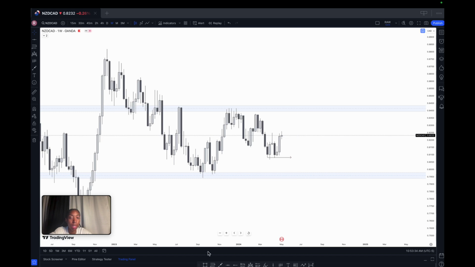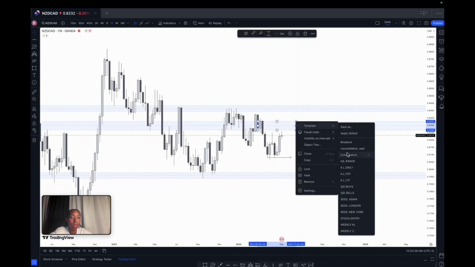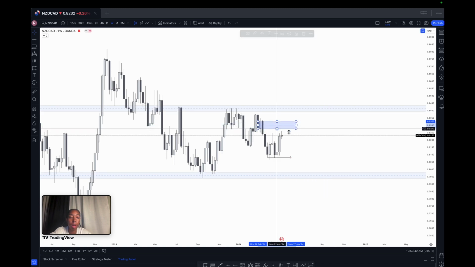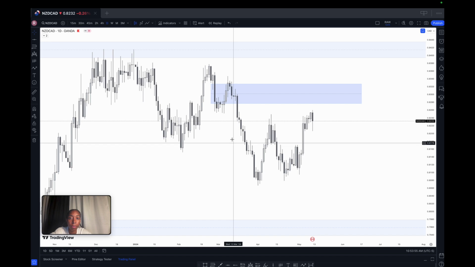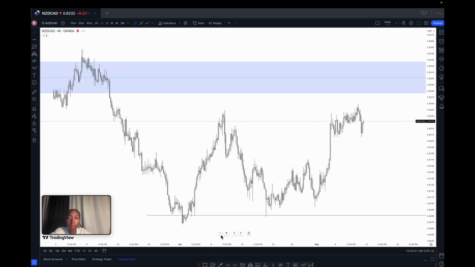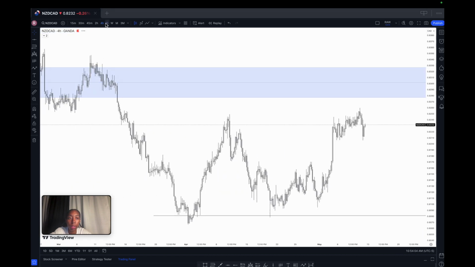But a barrier that I can see is this supply and demand zone right here. Let's see if I can find a smaller one, because even though it's going to break through it, it might be a small resistance, not a heavy pullback, and then continuation on up. But let's go to the daily to see how it's looking. 4-hour time frame.